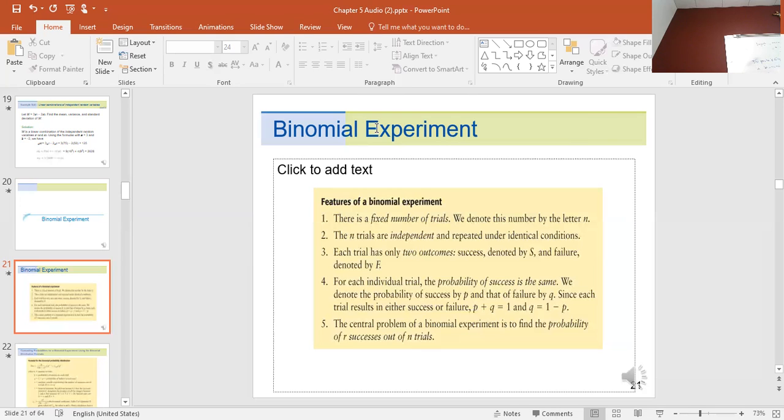So the probability for x equals 2 will be 2/3 to the power of the number of failures, which is 4, times 1/3 squared. Now we will multiply this number by the number of outcomes having 2 successes.